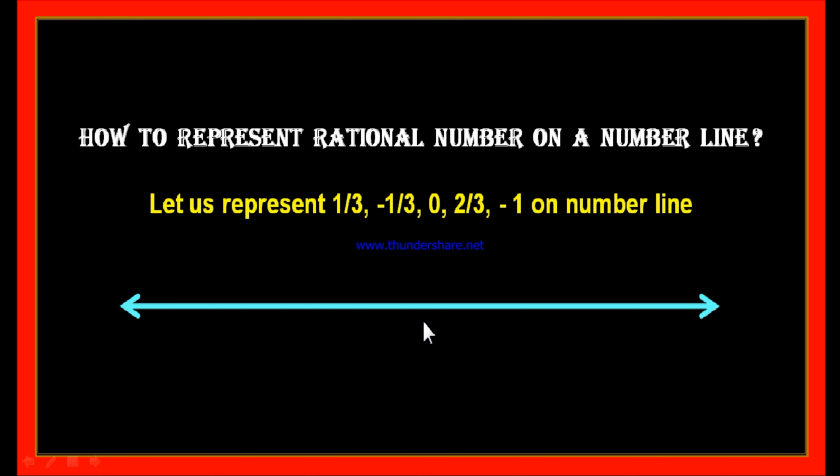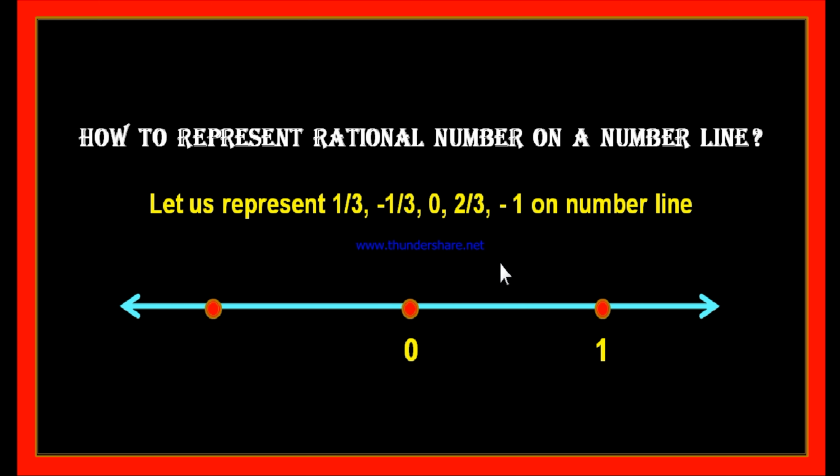Now, let us come to the straight line and keep points at equal distances. You see, on this number line, you keep points at equal distances. You can consider the middle point as 0, and later you observe we are given 1 by 3, minus 1 by 3, 0, 2 by 3 and minus 1.